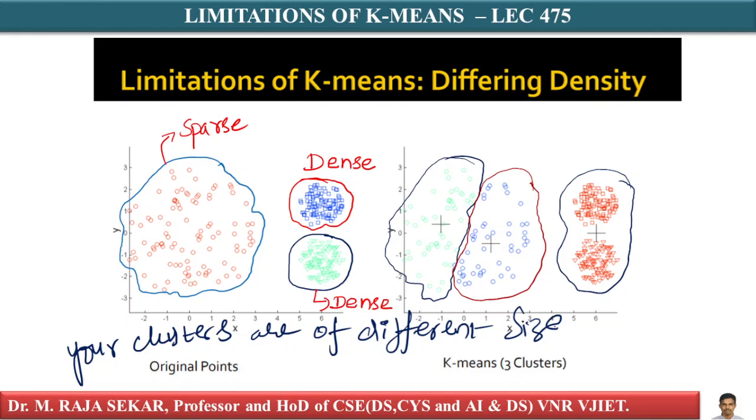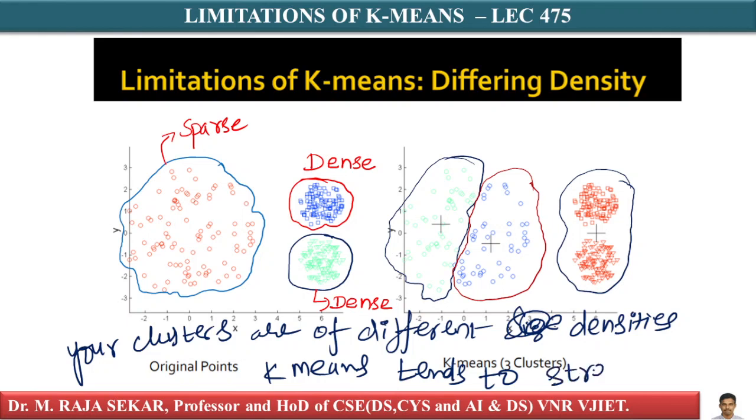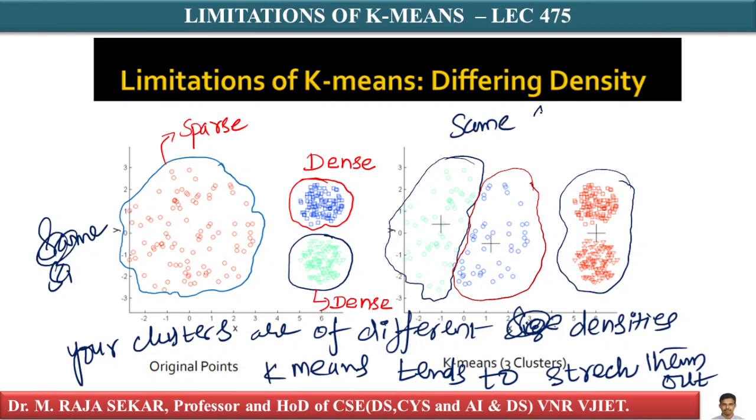K-means tends to create clusters of the same size and also of similar density.